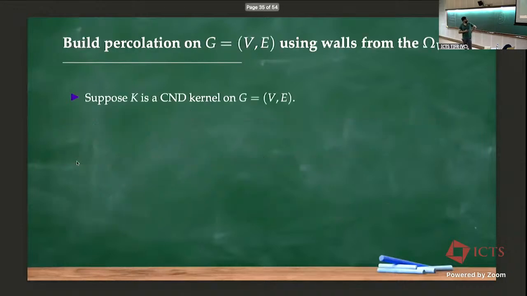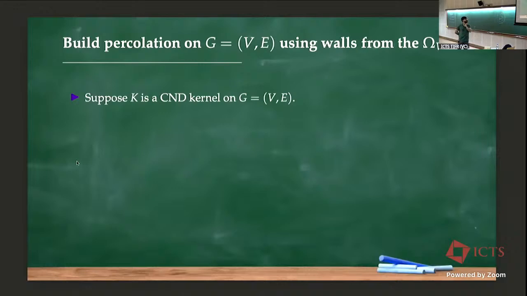So now suppose we have these two structures. Suppose someone tells us that you have either a CND kernel or a measure definite kernel. In the better case, you have a measure definite kernel. If not, you're still going to be happy, but modulo the square root. So the question is, suppose you have a kernel, can you now build percolations on this?